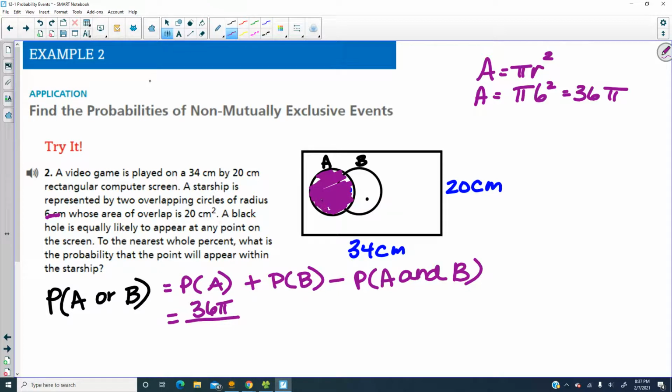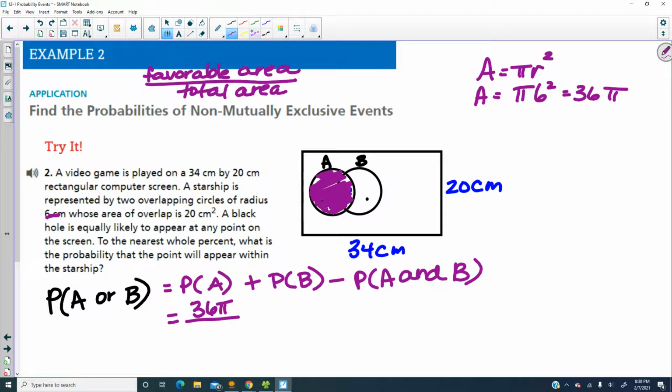And remember, probability is the favorable over the total. In this case, since it's talking about area, it's the favorable area divided by the total area. So now I need to figure out the total area.